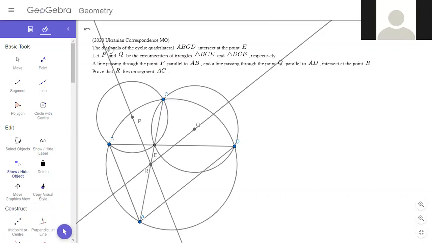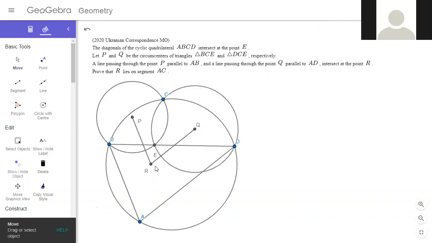Now it might be easier to let one of the parallels meet AC at point R prime and then show. Yeah, there's a couple different ways we can attack this. We could define R like that, or we could let PR meet AC at R prime and then show that QR prime is parallel to AB.